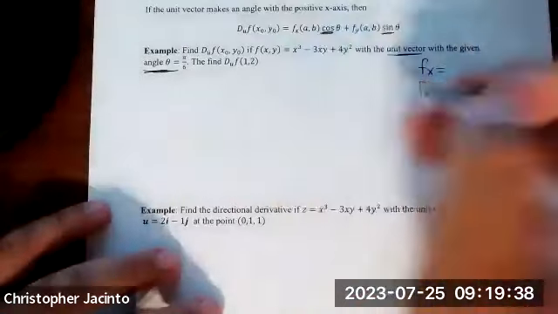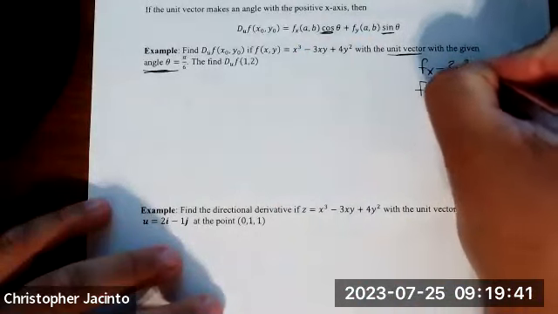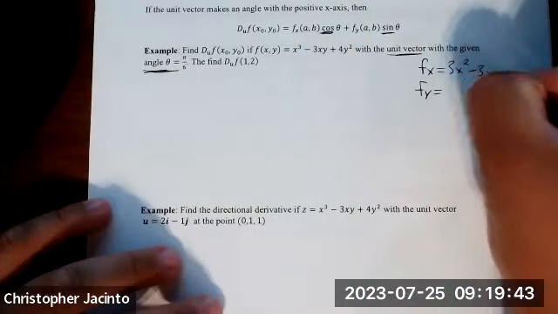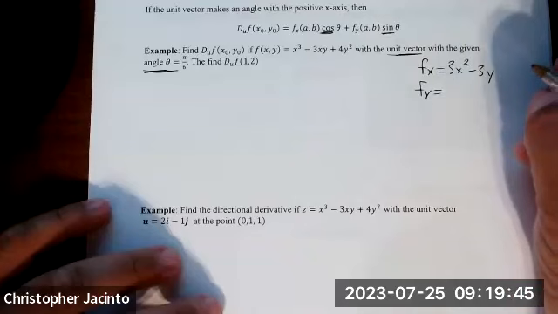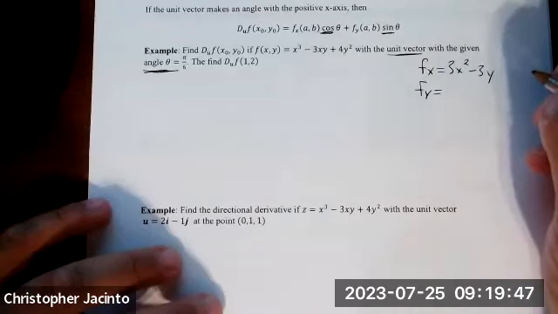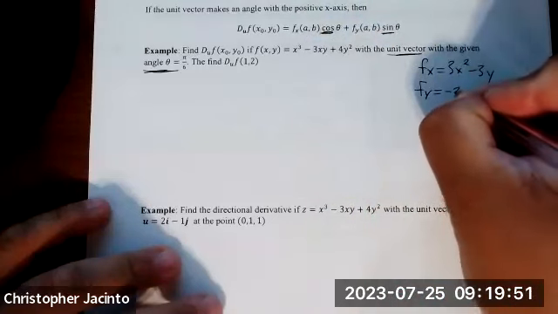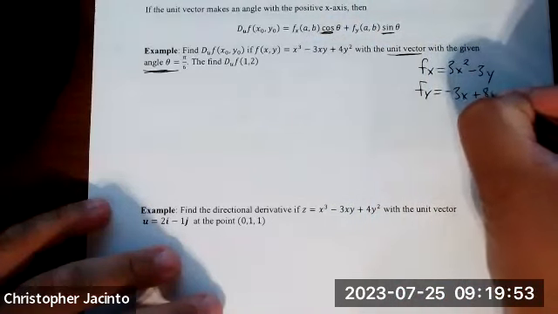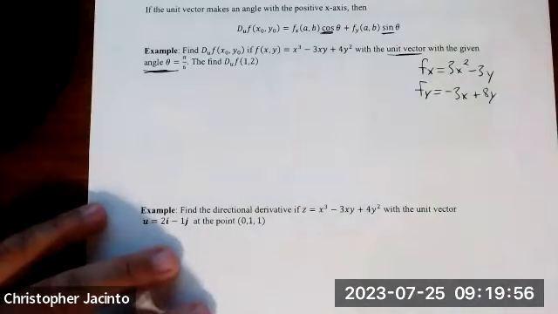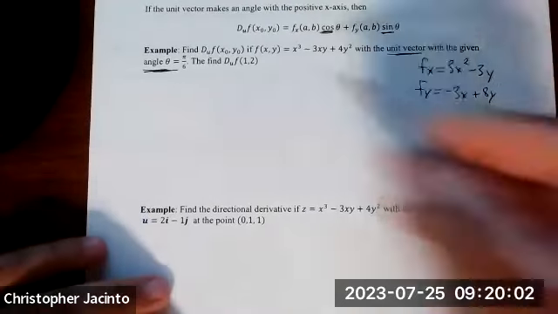So partial derivative with respect to x. And then the partial derivative with respect to y. All right, so we got that down. So now we plug it into our formula.